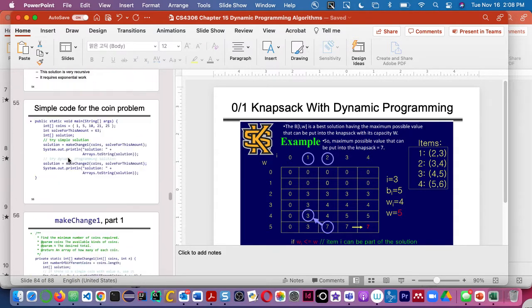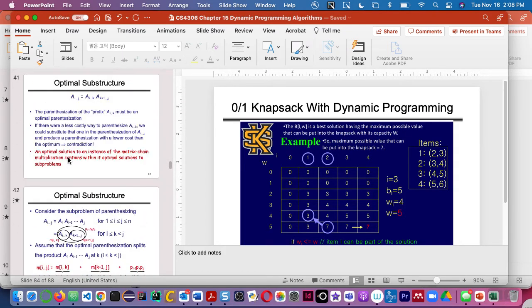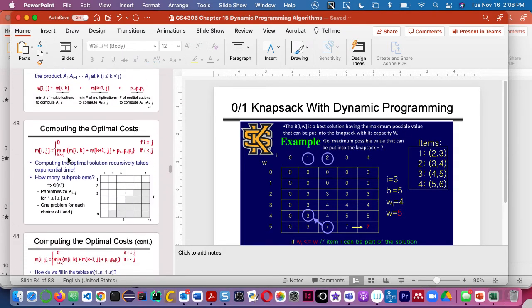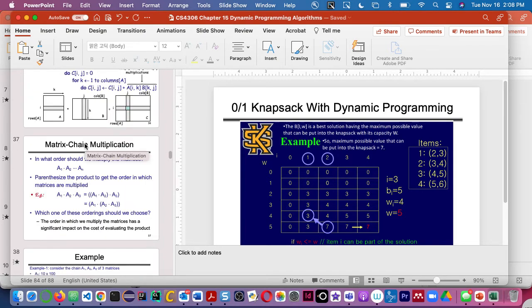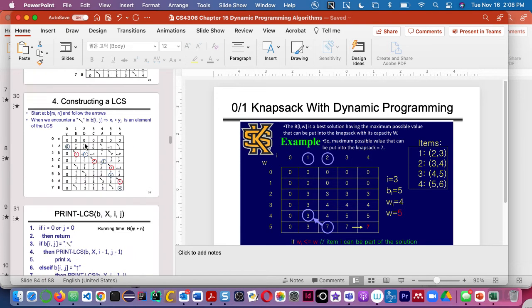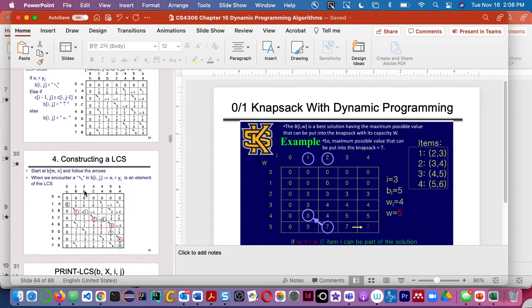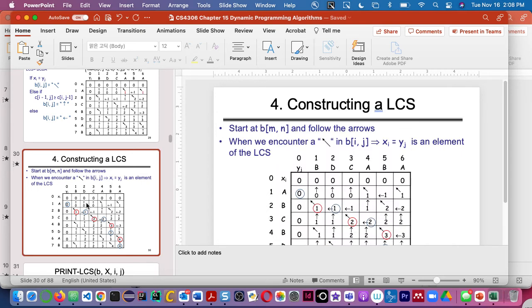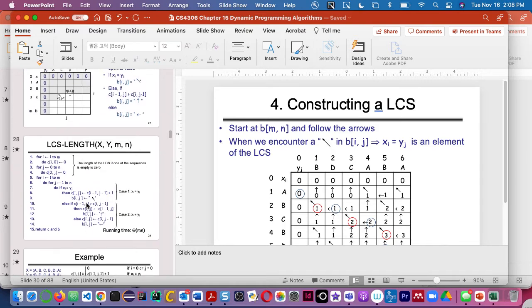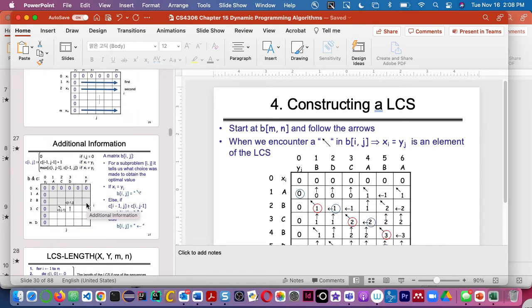In the previous two lectures we discussed how to use a dynamic algorithm for finding the nth Fibonacci number, right? And then later we discussed how to find the longest common sequence.